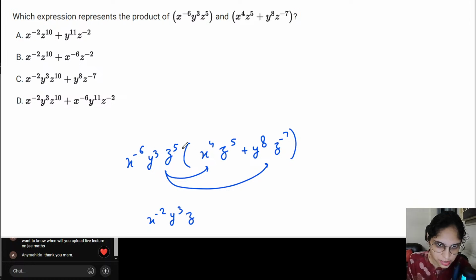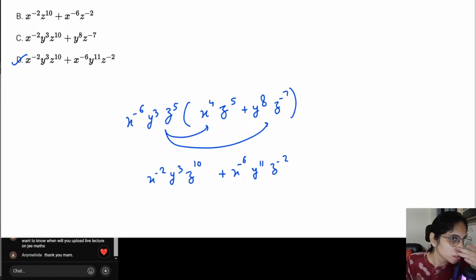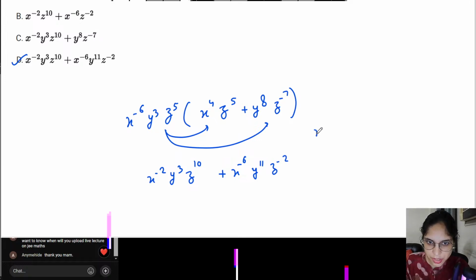Then z to the 5th and z to the 5th, 5 plus 5 is 10. There is no x, so x will come as it is. There is y, 8 plus 3 is going to be 11. There is z, 5 minus 7 is negative 2. So this is my answer. Option D. If you want, you can use intermediate steps as well.